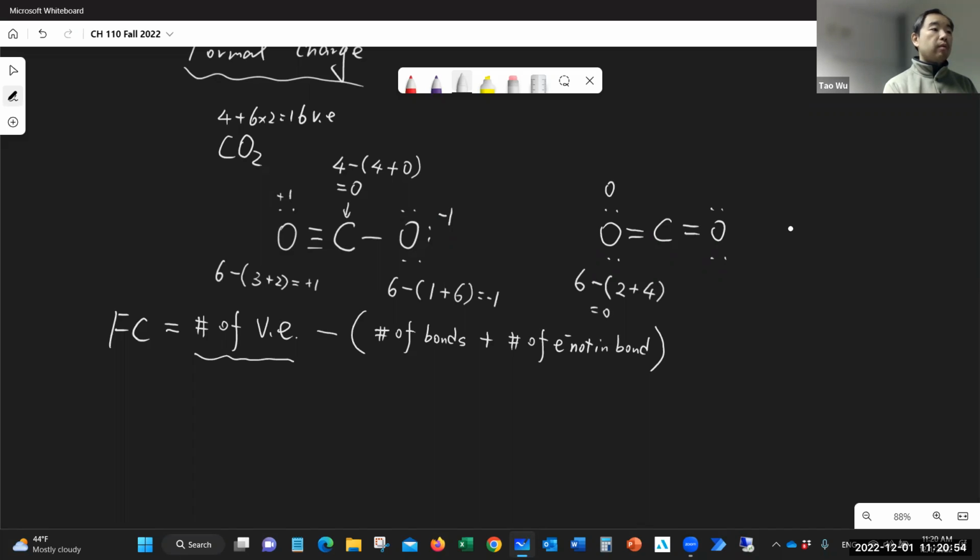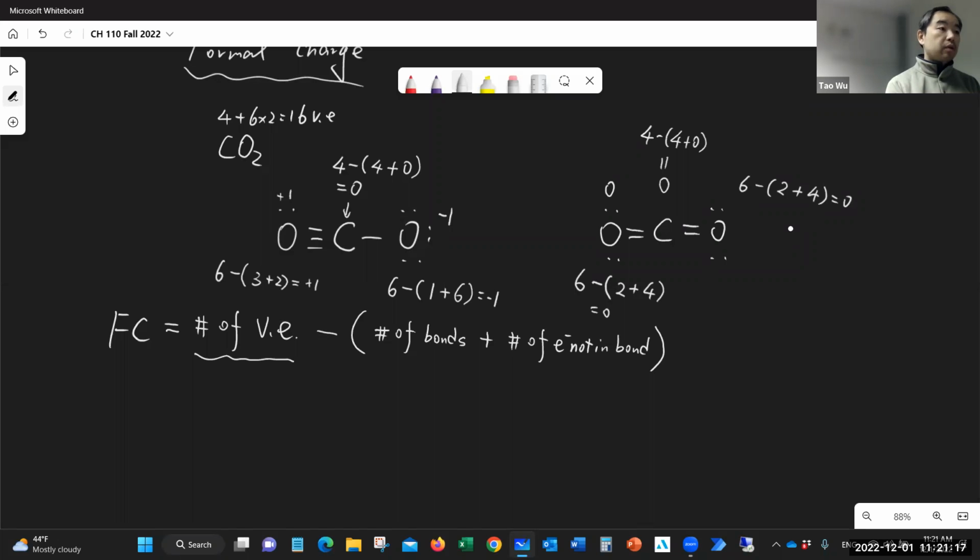Carbon is doing the same thing: 4 minus 4 bonds plus no electrons, so 4 minus 4, this guy is still equal to 0. And for the oxygen on the right side, you will see 6 minus the number of bonds, 2, plus the number of electrons, which is 4. This also gives you 0.